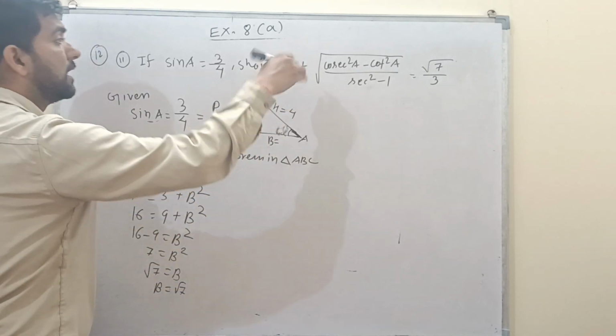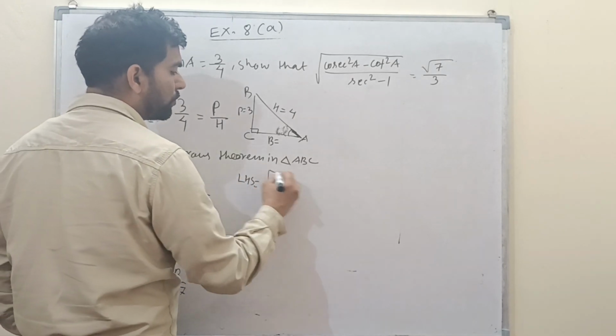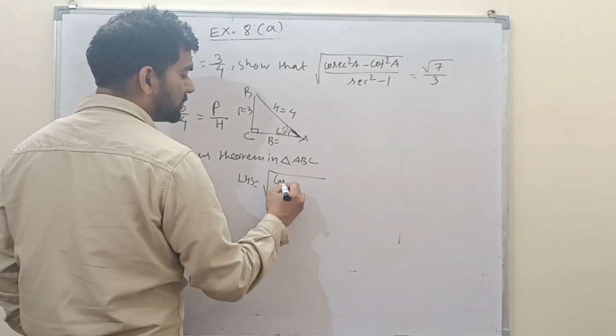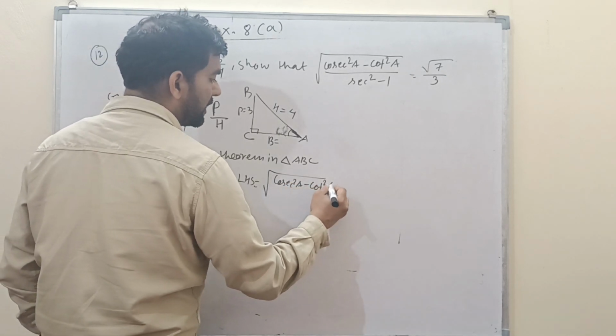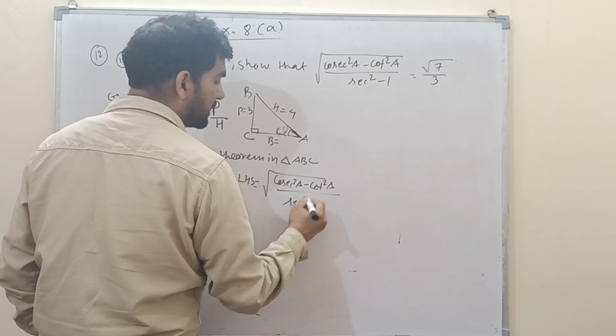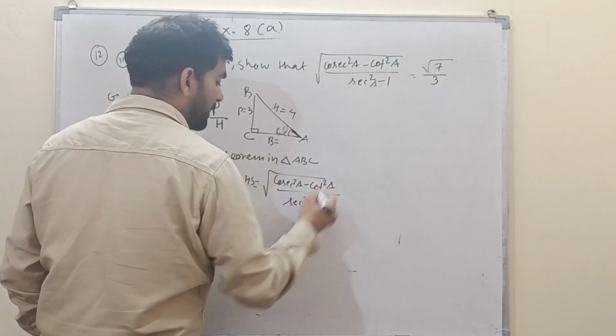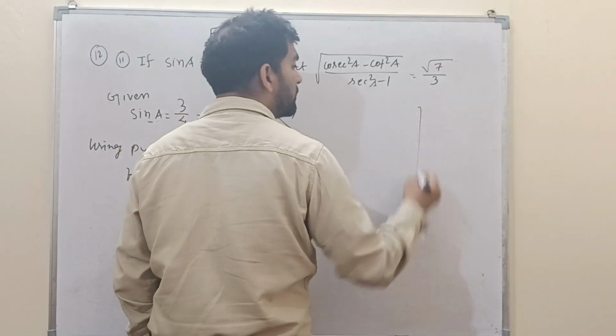Now take the LHS. LHS is equal to root over cosec square A minus cot square A by sec square A minus 1. So first we'll write the ratios.